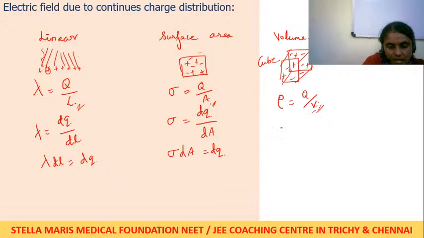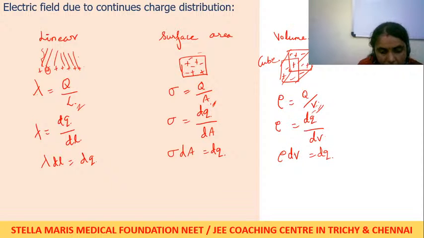Like here, rho will be equal to dq by dV, so rho dV will be equal to dq. If we are going to find the charge distribution in the linear system, you can use this formula. This is the linear charge density, this is the surface charge density, and this is the volume charge density.